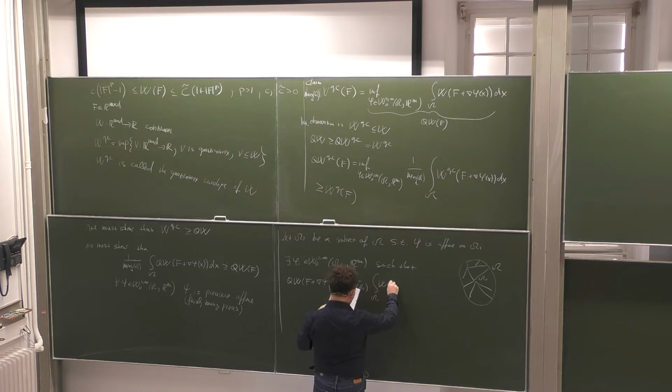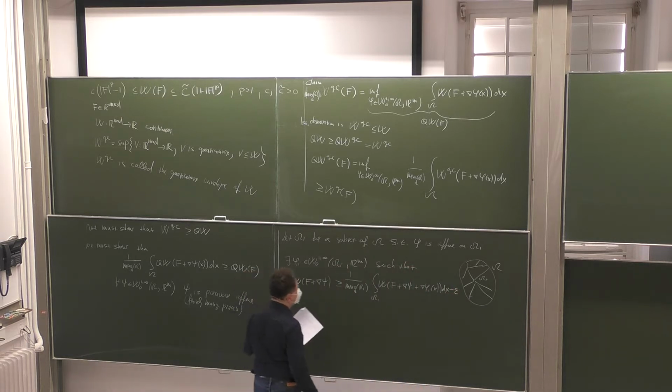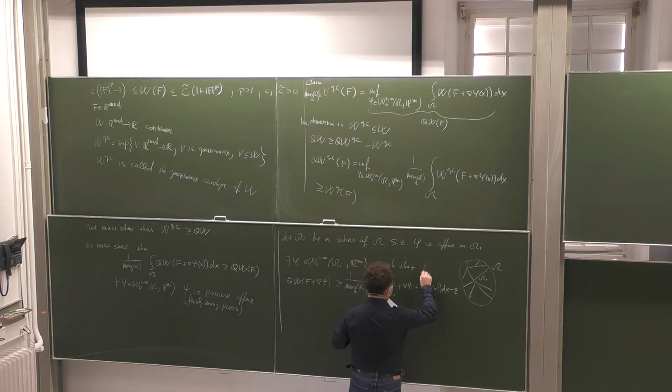W of F plus grad psi plus grad phi I of x dx, and I have to subtract some epsilon, such that for a given epsilon positive, this holds.